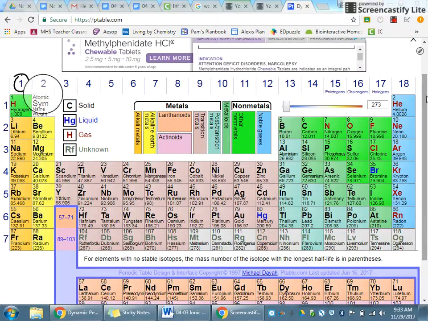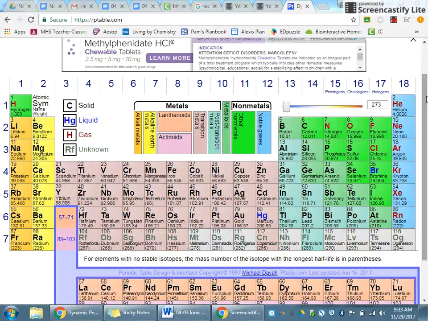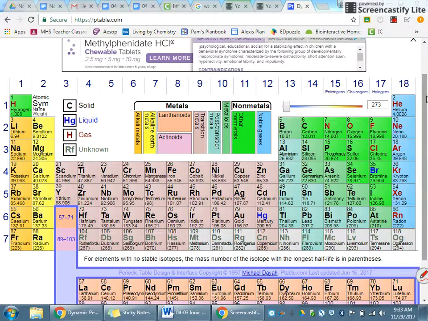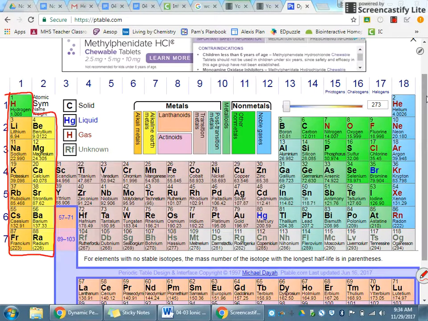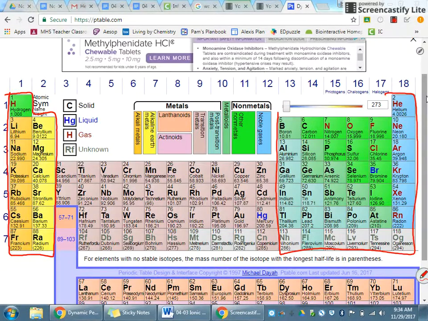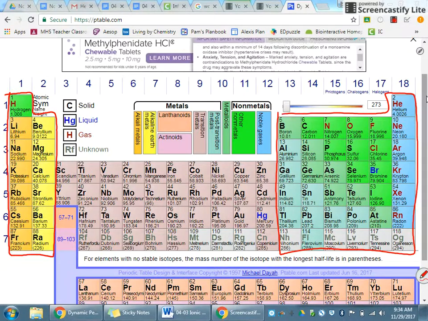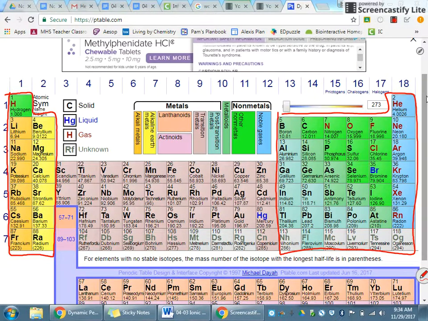What I'd like you to do is take a moment to take your own periodic tables out, and renumber your main group elements. Now remember, our main group elements are these ones and all of these ones. So we're just going to be numbering these two groups, or really this whole group here, our main group elements.